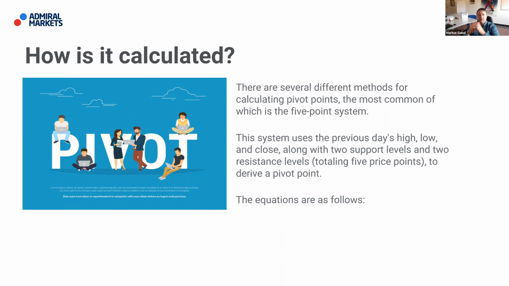We have several different methods for calculating such pivot points. The most common is the 5-point system. The 5-point system means you have the day's high, low, and close, along with 2 support levels and 2 resistance levels, totaling 5 price points to derive a pivot point.